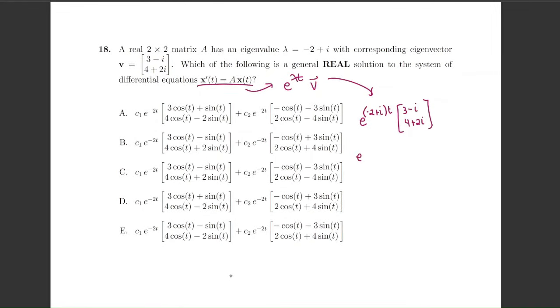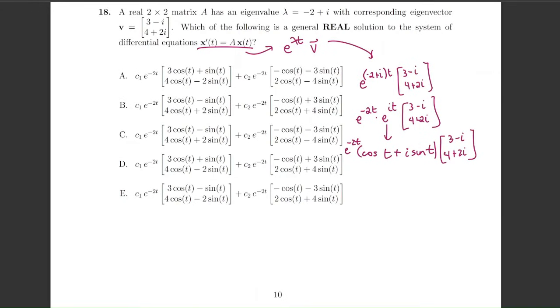Okay, so what we do here then is we split this up into e to the -2t times e to the it times 3 minus i, 4 plus 2i. And so what happens then is we factor that into cosine t plus i sine t. So this becomes that. We still have our e to the negative 2t times 3 minus i, 4 plus 2i.